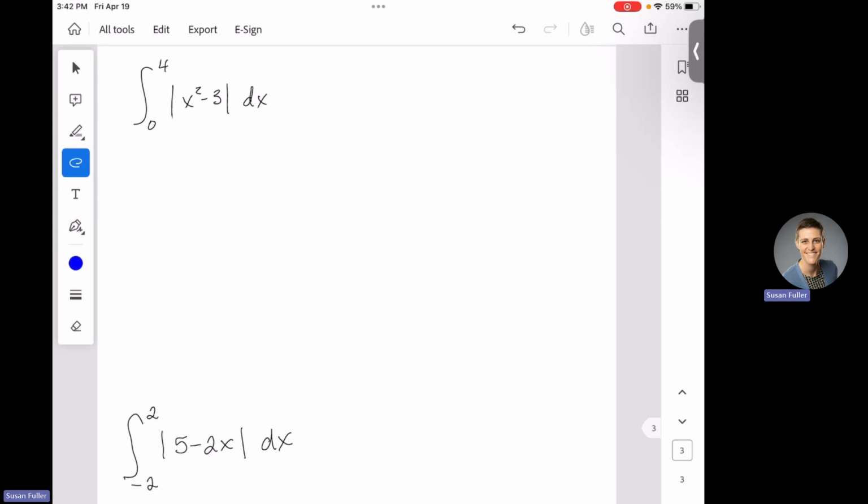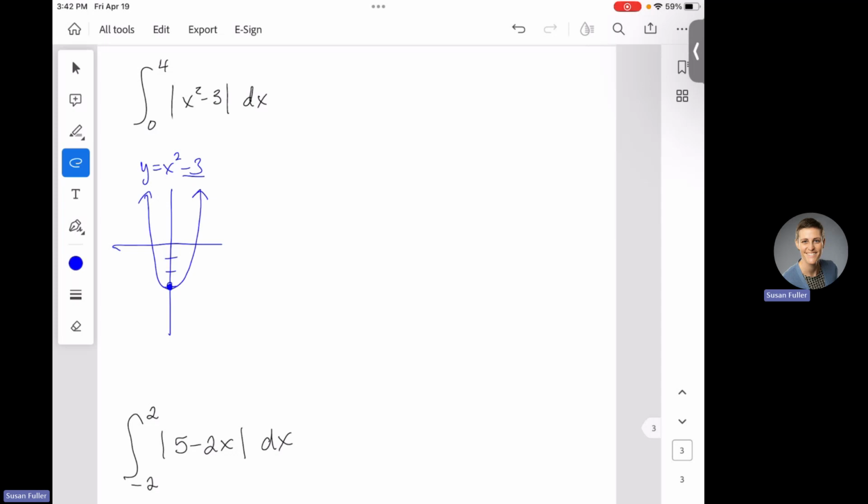I know what that looks like. y equals x squared minus 3. This is an x squared graph, that's a parabola. But this minus 3 shifts us down 3 units. So basically, I'm going to take a parabola and shift it down 3 units, and it looks something like this, right? Parabola shifted down 3 units.